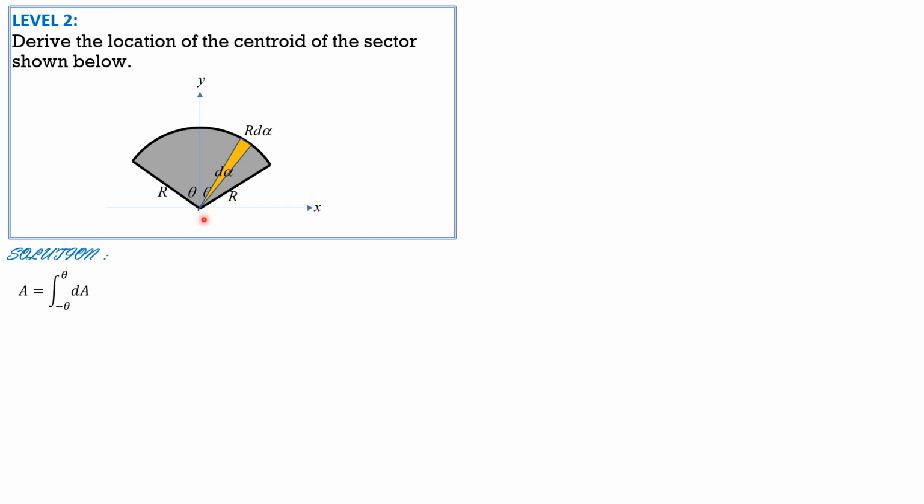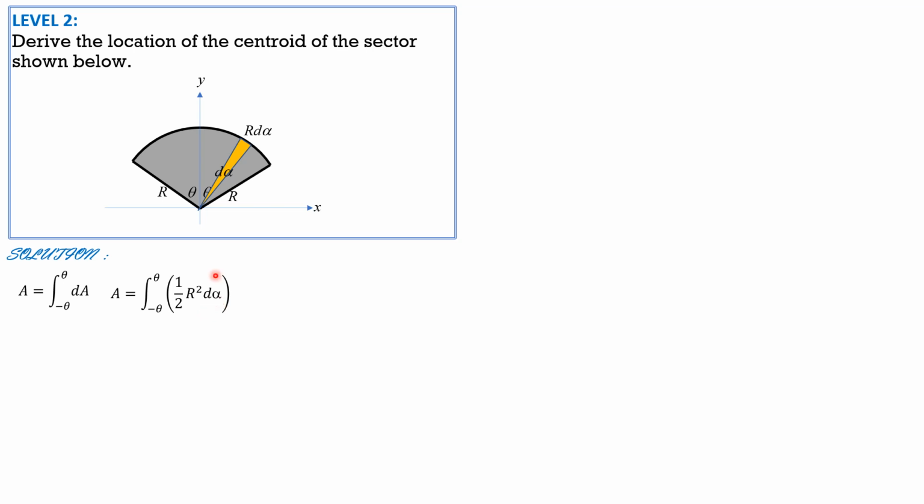Or we treat this as a triangle, area 1/2 base times height, where the base is r d alpha, so 1/2 of r d alpha times the height, which is also r. So that's why it is also 1/2 r square d alpha. We can treat this as simply the area of the sector element, 1/2 radius square times differential angle d alpha.